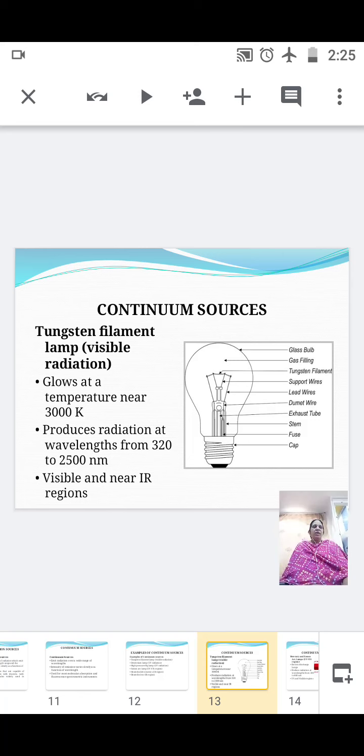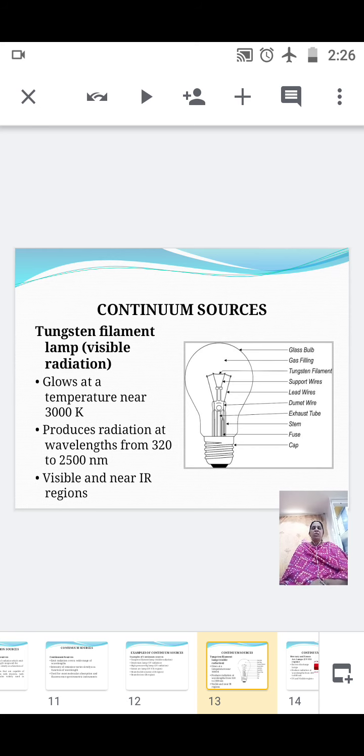This tungsten filament lamp glows at a temperature of 3000 degrees Kelvin and produces radiation at wavelengths from 320 to 2500 nanometers.